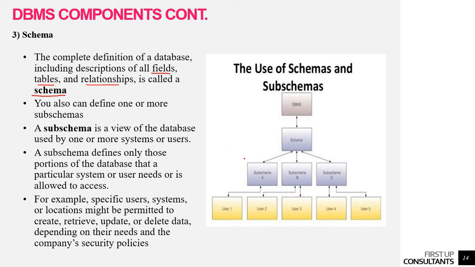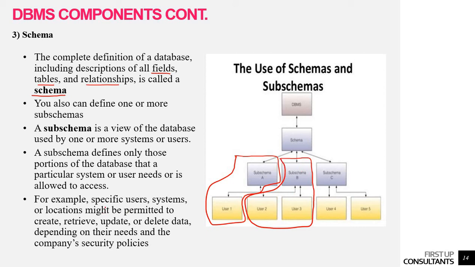So if you look here, subschema A, alright, is specific to user A only. It means the access level, the privilege, the permission is only for the first type of user. Okay, and then subschema B is dedicated to user 2 and also user 3.